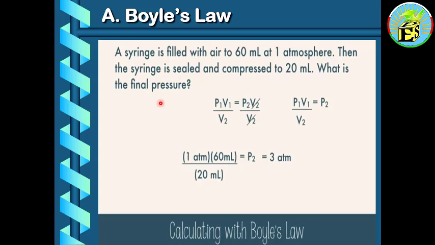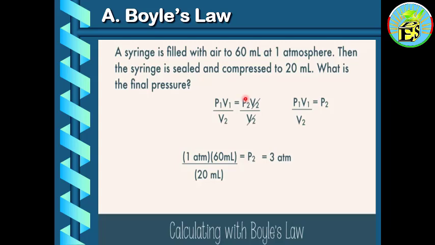We will use the formula P1 V1 equals P2 V2, but we are asked about the pressure at the second state, state 2. So we must make the pressure the subject. But which pressure? Pressure in the second state, yes, good, as the subject.